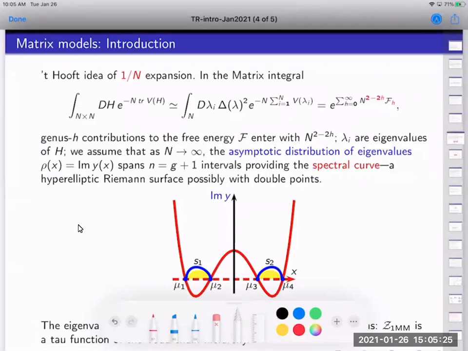The only price for this is the appearance of this Vandermonde determinant squared, which comes just from a transformation of measures between these two integrations.